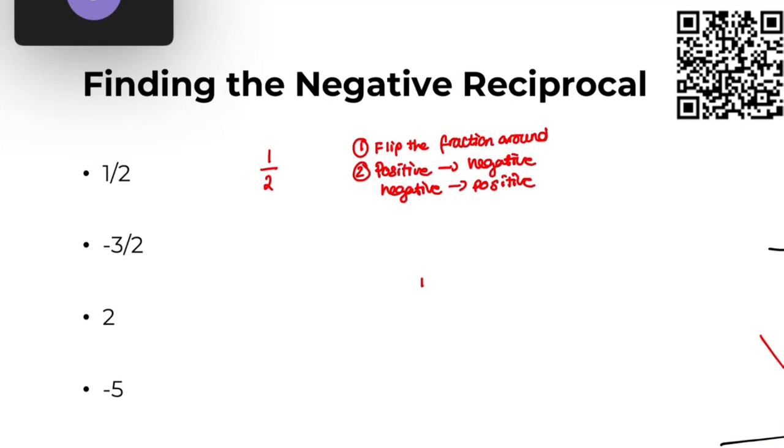So we have a half. All you do is flip these two around, so it becomes 2 over 1. Now 2 over 1, you wouldn't write it like that. You would just write 2, because 2 divided by 1 is 2. And because it's positive, you turn it negative. So the negative reciprocal of a half is minus 2.